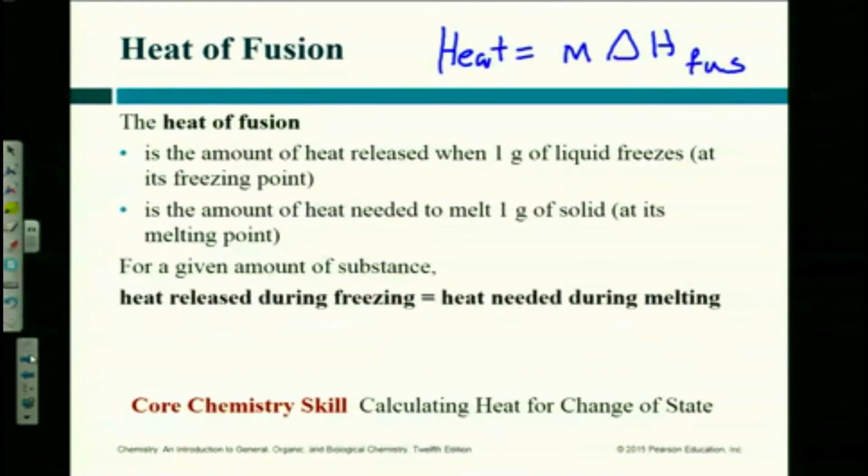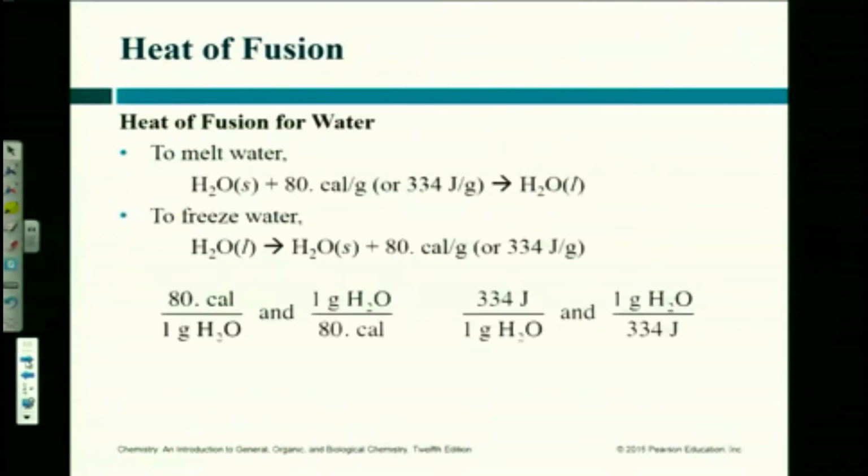How much heat does it take to melt 1 gram, or how much heat do you have to take out to freeze 1 gram? Because that amount of heat is the same; it's just whether it's going in or out. Mass times heat of fusion will tell us how much heat you need to melt something. If you don't know it, there are tables of it. For water, it's 80 calories.